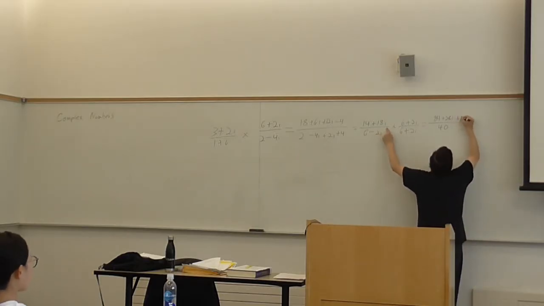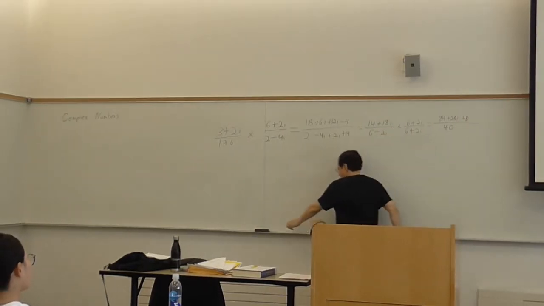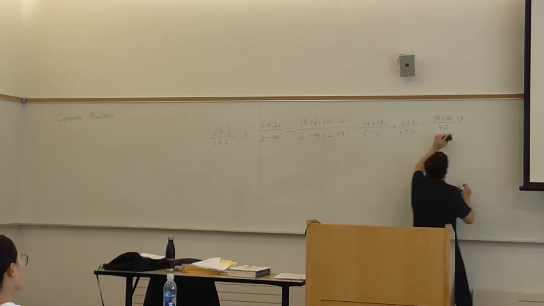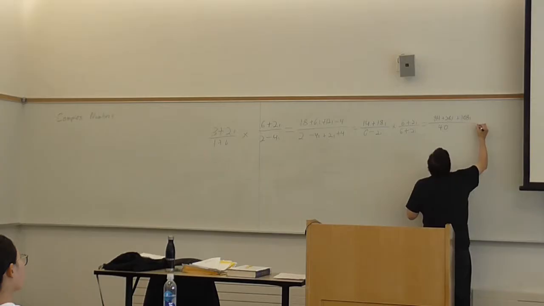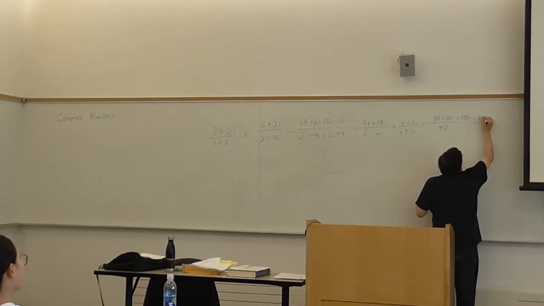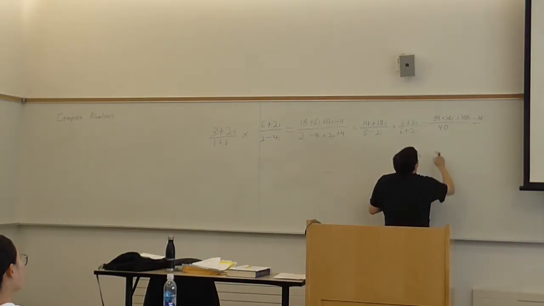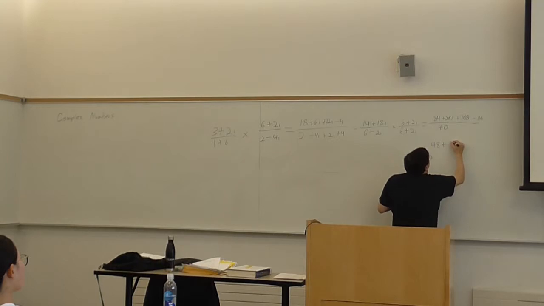Can't think and write at the same time, apparently. And minus 36. So 84 minus 36 is 48 plus 136i over 40.